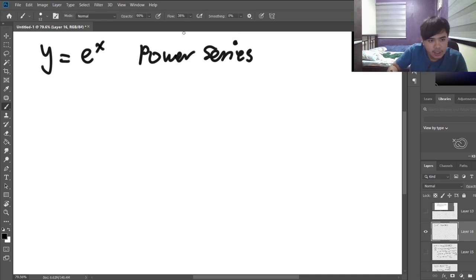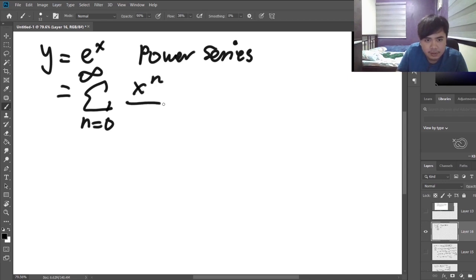We can express this in terms of an infinite series. This is actually equal to the summation from n equals 0 to infinity of x to the n over n factorial. So that's the representation of e to the x in terms of an infinite polynomial. That's just a shortened version of it.